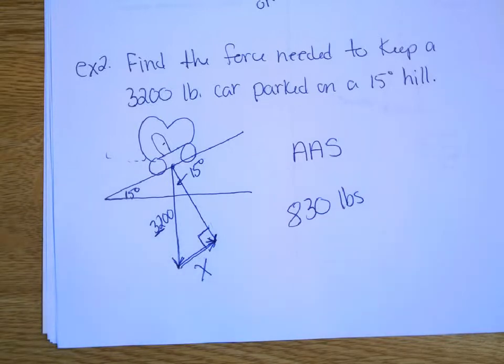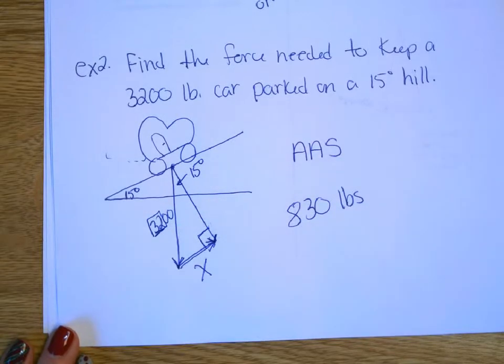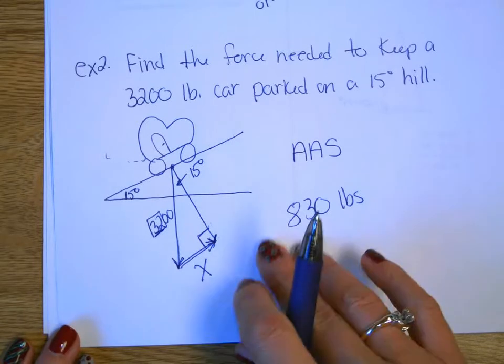I got 828. 2 sig figs. That would be minus 2 for us. Now are we in agreement? Yeah. Okay.